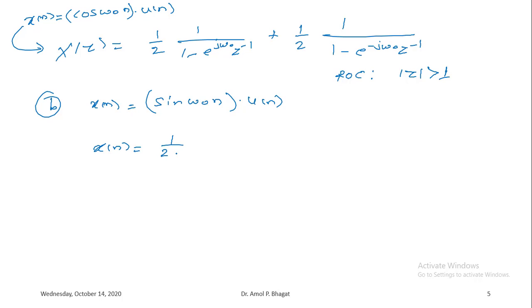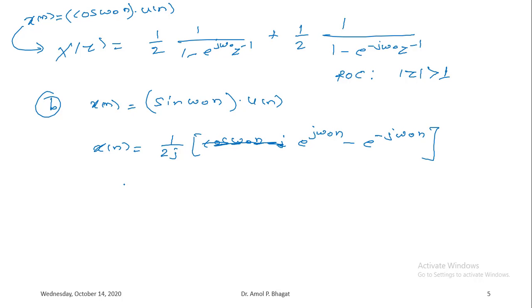Okay, so 1 upon 2j is, sorry, not cos omega 0 n, 1 upon 2j into in bracket e to the power j omega 0 n minus e to the power minus j omega 0 n.